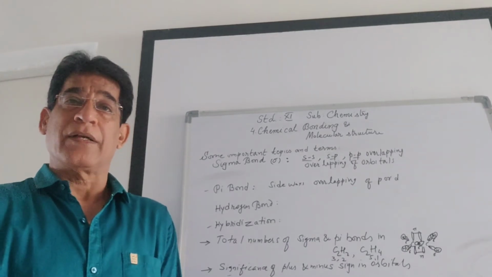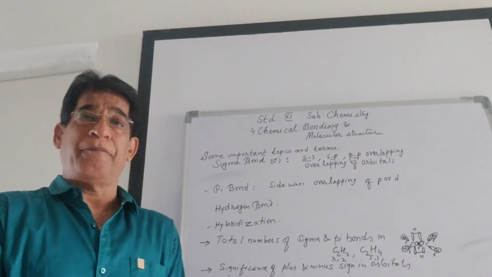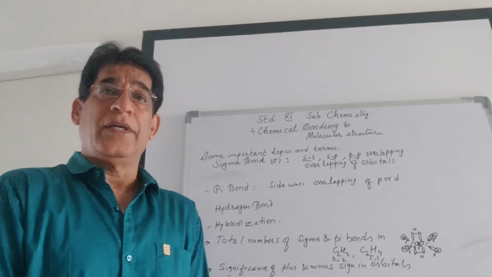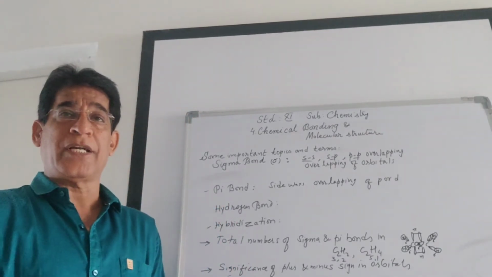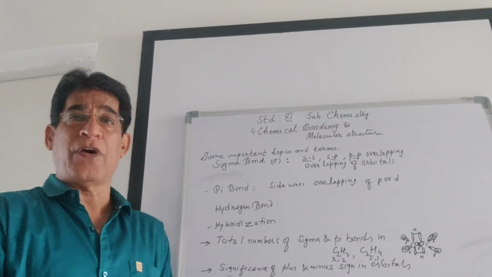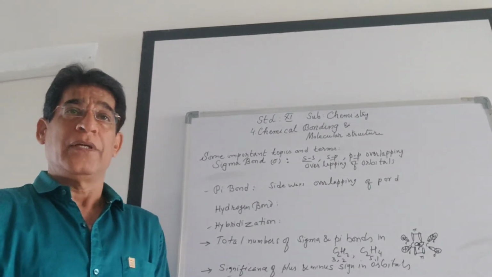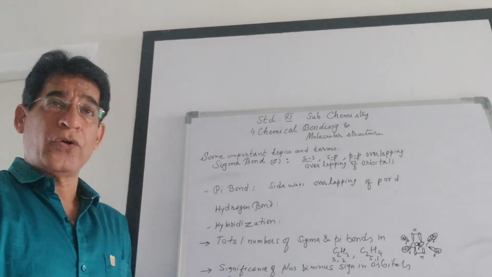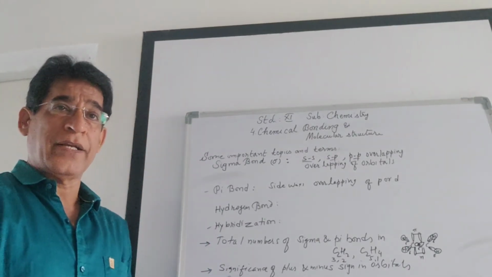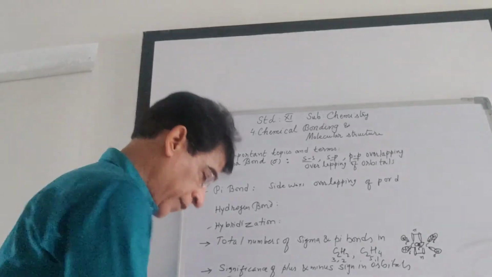Now, another question: use Lewis symbols to show electron transfer between the following atoms. 1. Ca and O, calcium and oxygen.